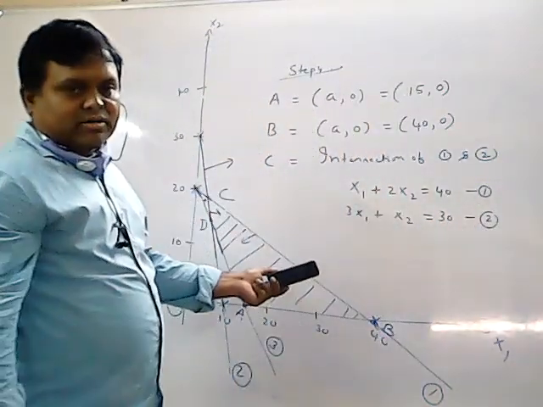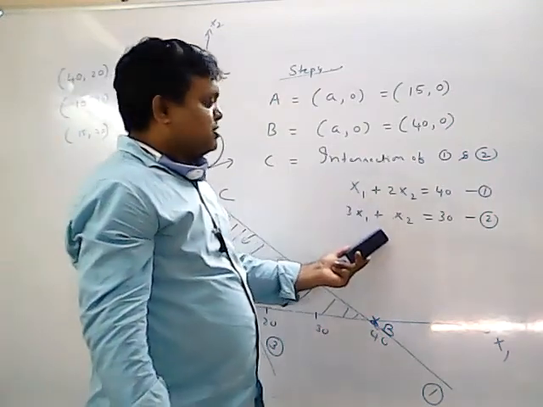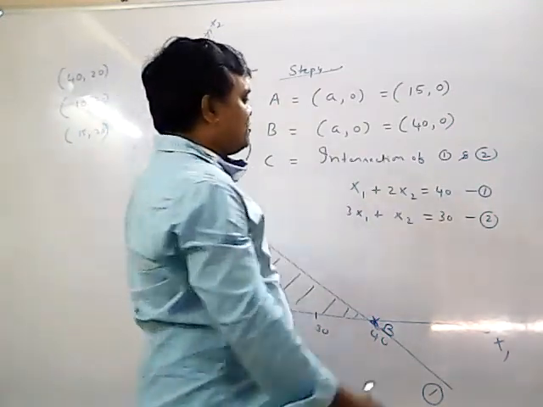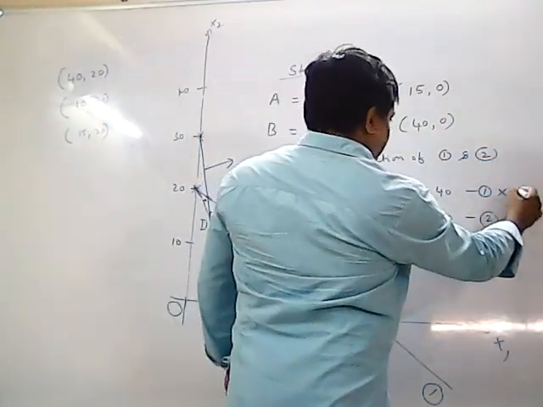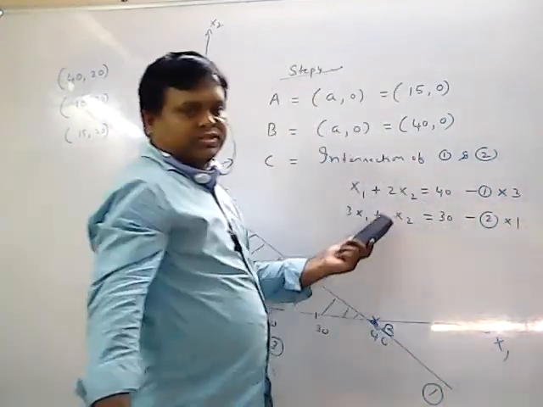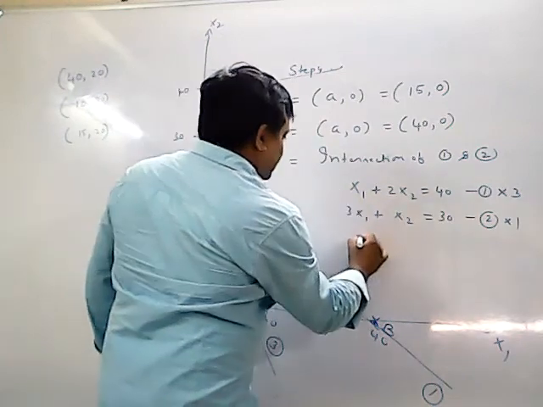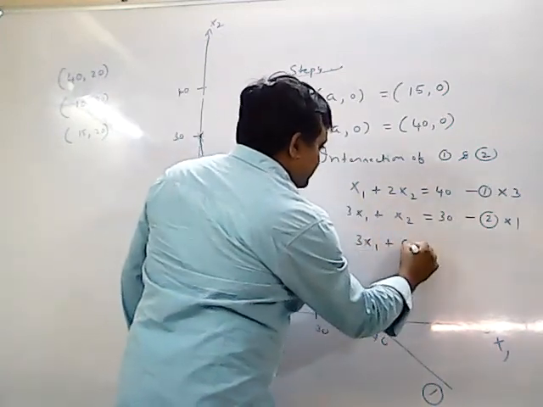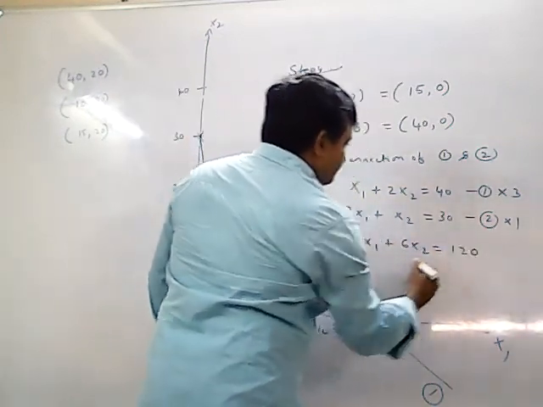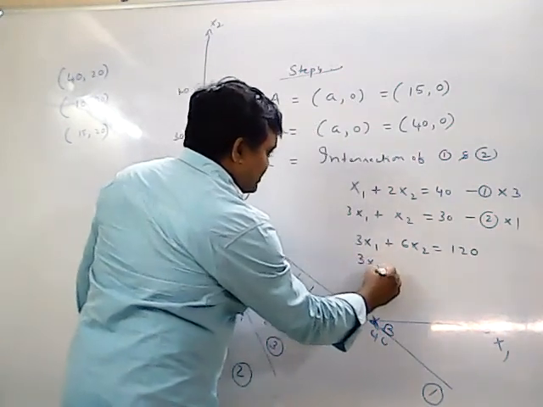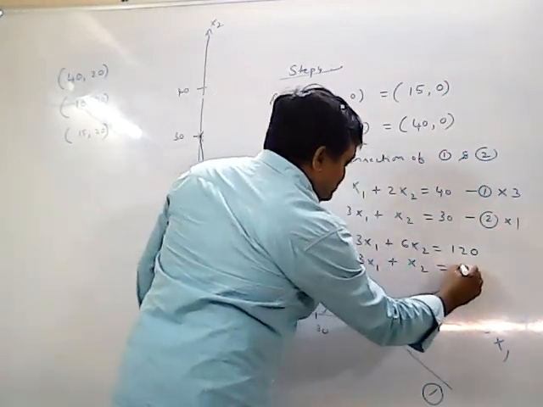Solve the equations. All of you already know how to solve these. You can make either the x1 coefficients or the x2 coefficients equal. So multiply the first by 3: 3x1 plus 6x2 equal to 120. The second, multiplied by 1, stays the same: 3x1 plus x2 equal to 30.